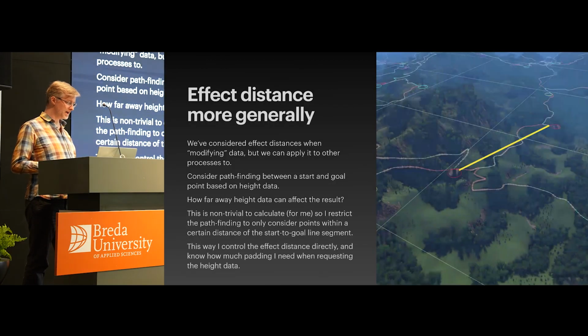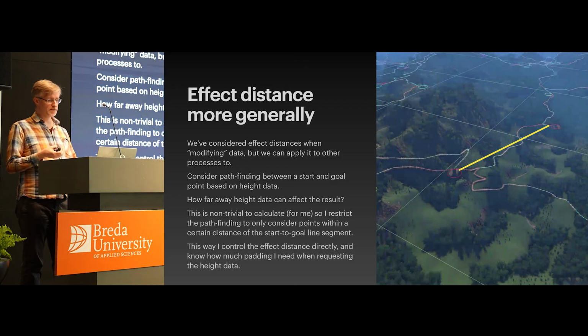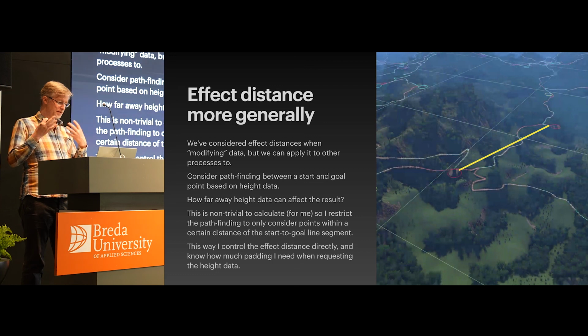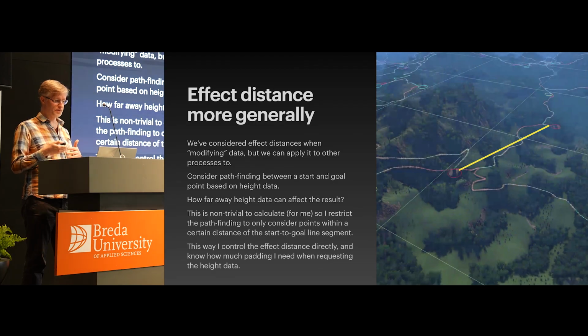And now that we thought about effect distance for modifying data, we can also think about it more generally. For example, for pathfinding, it's clear that the surrounding heights affect what paths you will get, but how far away can they affect it? It's a little bit unclear. At least for me, it's not trivial to figure out how far away the terrain is going to affect the solution path.